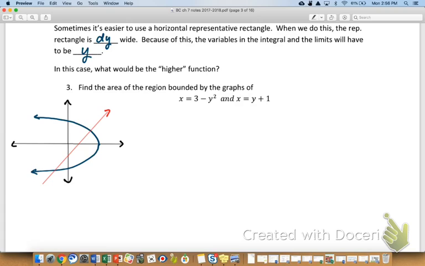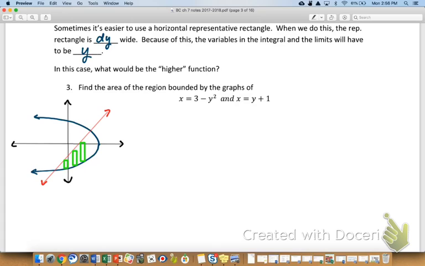Okay, so can we talk about ways you could do this? I just want to throw this out to you. If I was absolutely determined to use a vertical representative rectangle, I could, and please don't write any of this down because I don't think this is best, but check this out. If I wanted to use a vertical representative rectangle, I could think about representative rectangles like this.